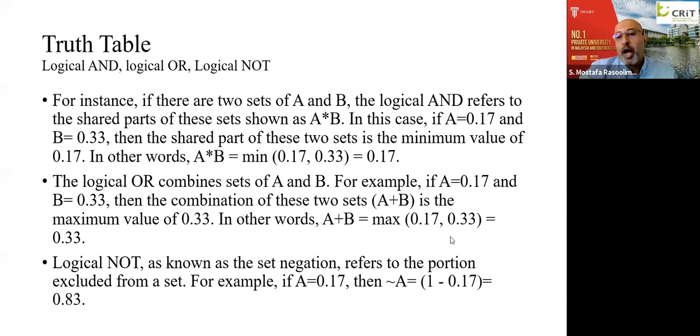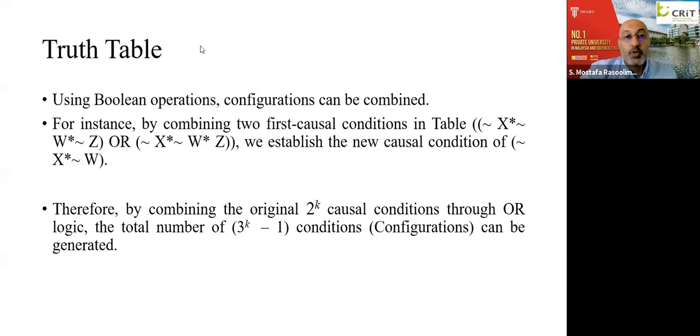And for OR, maximum value, so A plus B, or using OR, will be 0.33, and for negation it will be 1 minus 0.17, so 0.83. So this is a truth table.